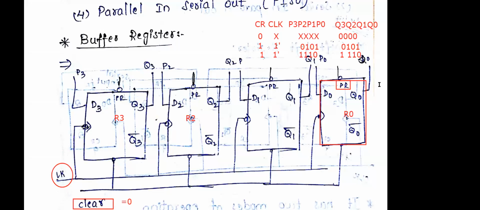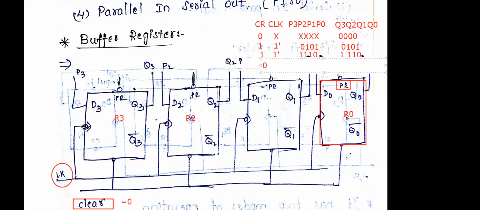See, at any time during run time, if you want to make all the flip flop outputs 0, simply apply clear equals 0. In between the operation, whenever you want to reset the flip flops, make clear equals 0.